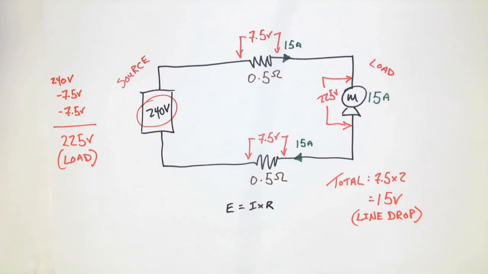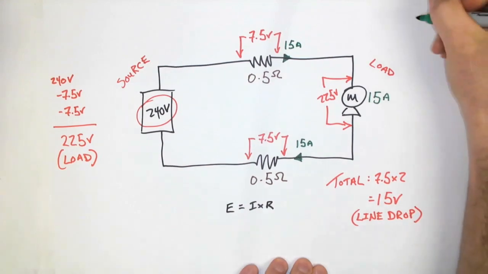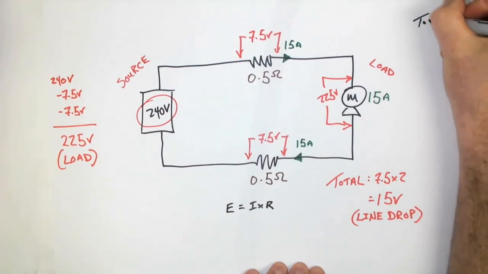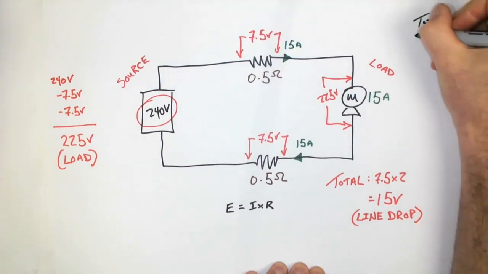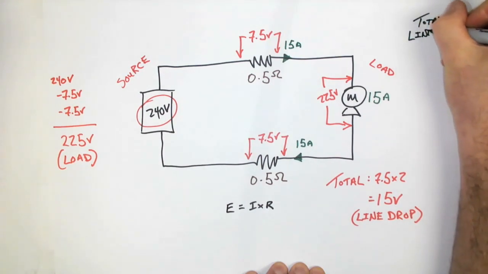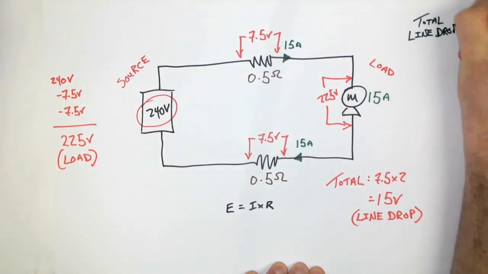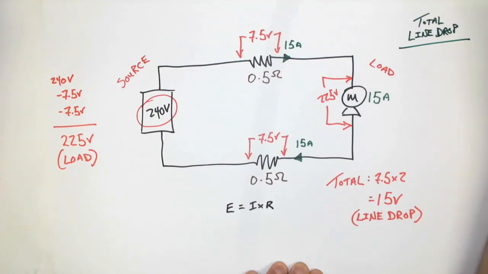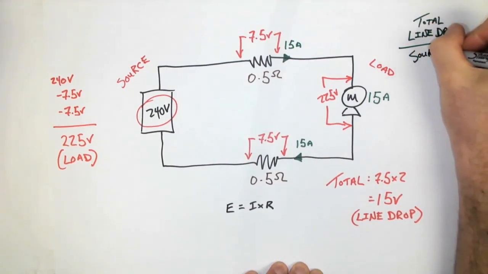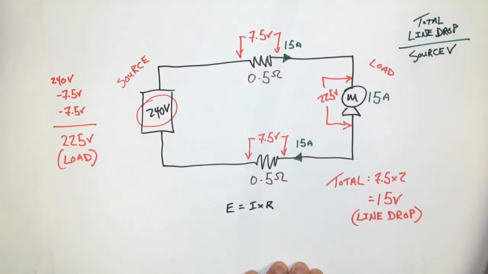Now the last question is, what is the percent line drop? Well, the percent line drop is a calculation that is based on the total line drop divided by the source voltage.